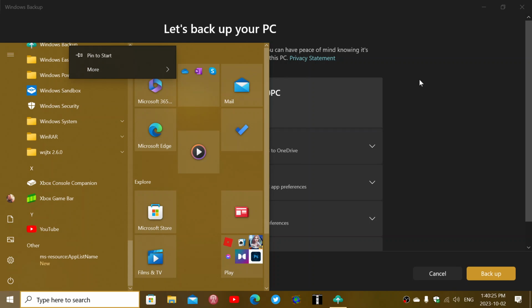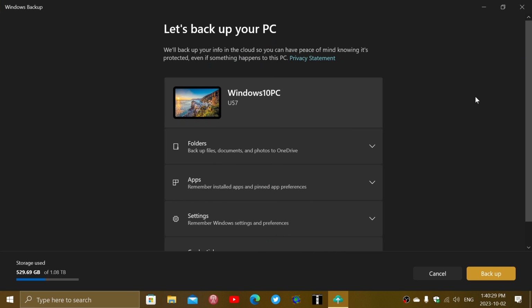So basically, what happens is that it appears on the app list. Microsoft says it appears only for those that are on a Microsoft account. And they say that the reason why you cannot uninstall it is because it's a core system app. And so they said, well, sorry, but you can't uninstall it.